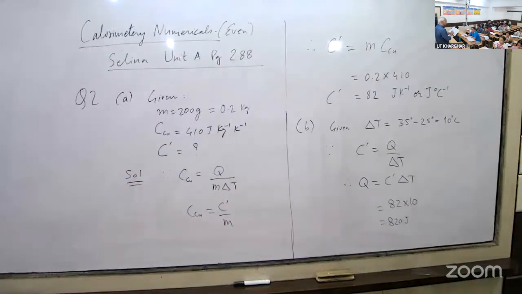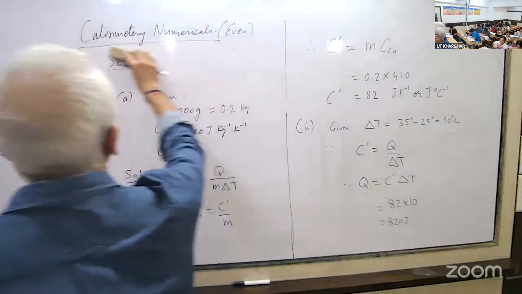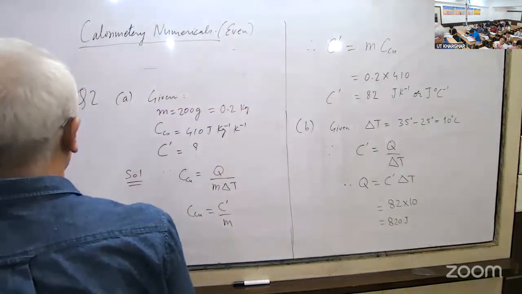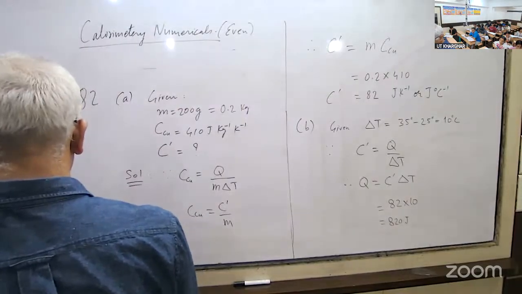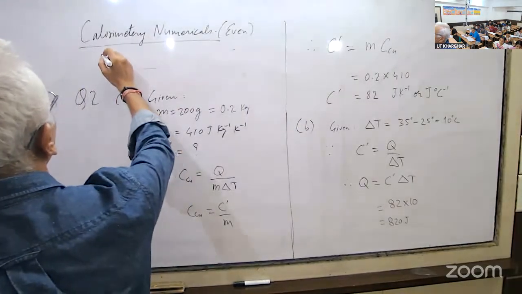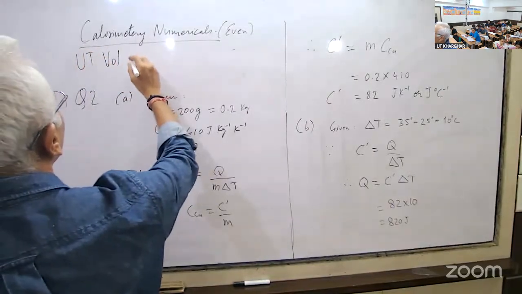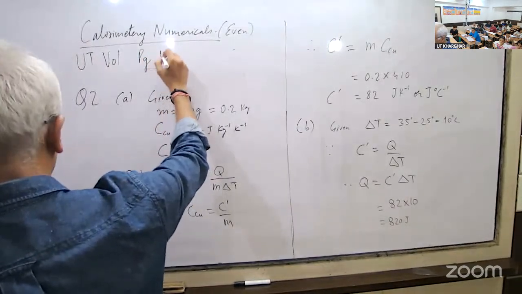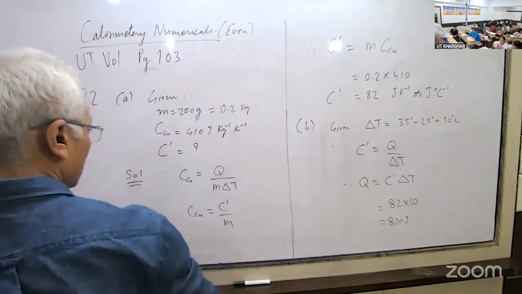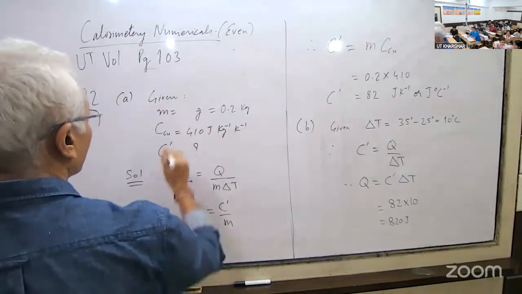So question 1 is exactly same as what I have done here. So volume, liquid volume, page 103. Everything is same. Now mass becomes how much? 150 grams.